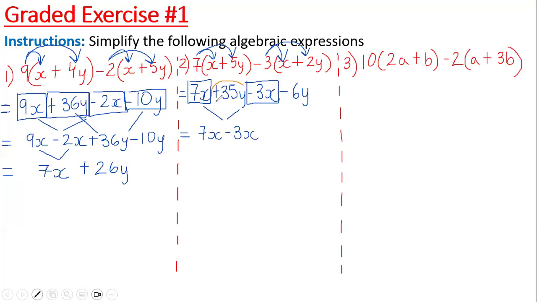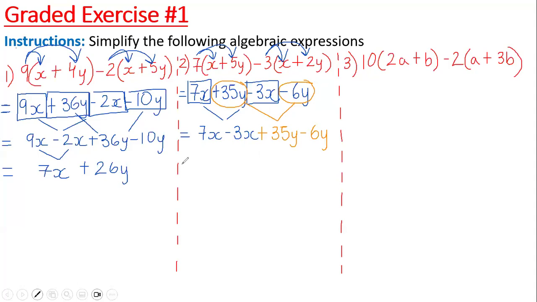Positive 35y minus 6y. We group them together. So we have positive 35y minus 6y. Very good.